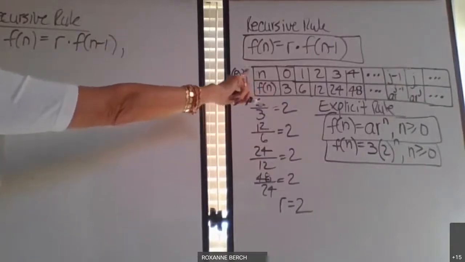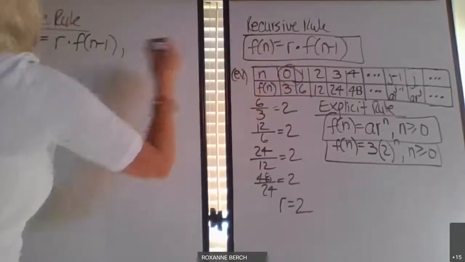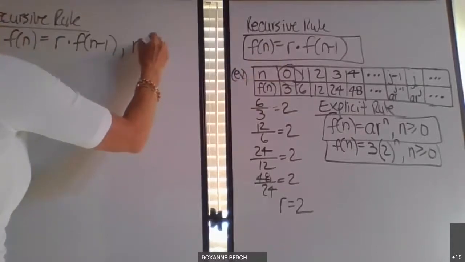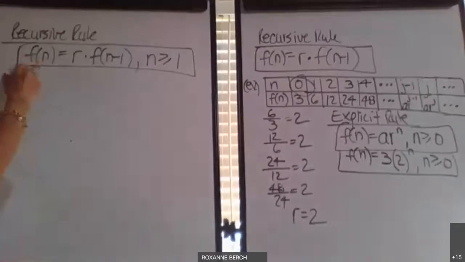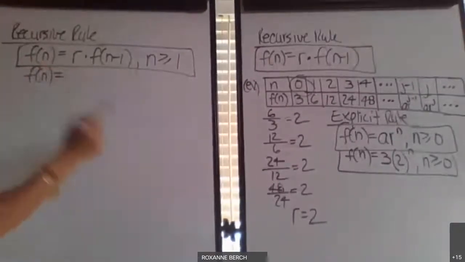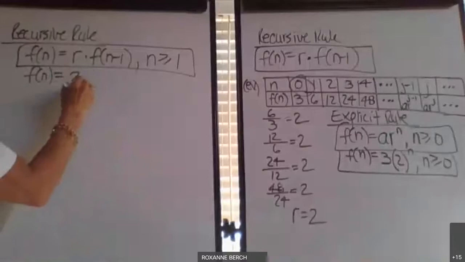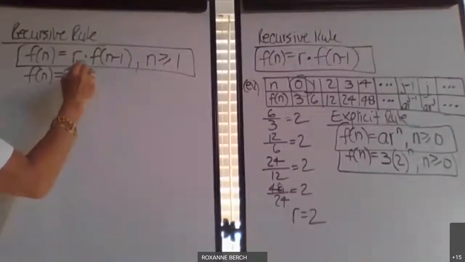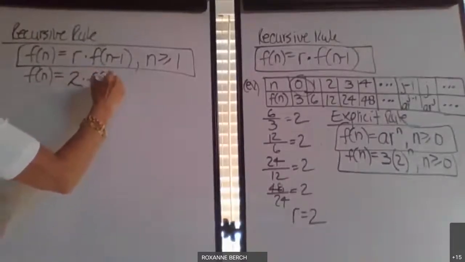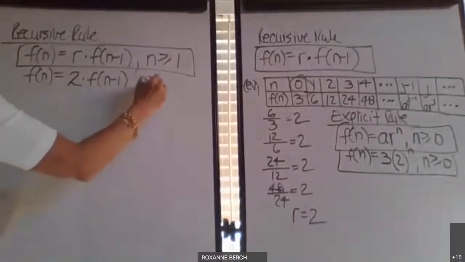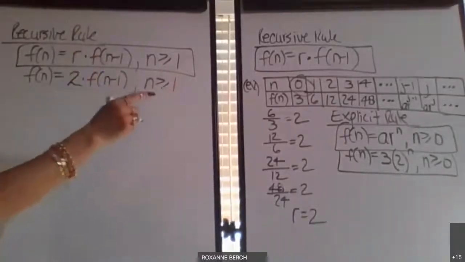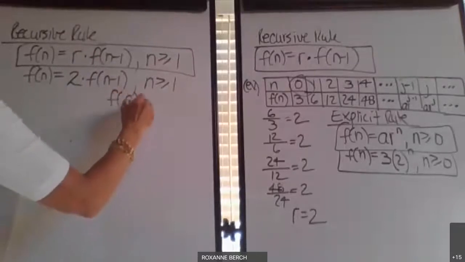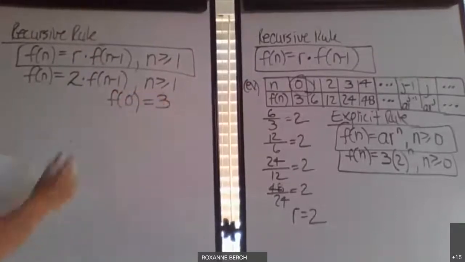So since our starting position was 0, our domain here is, so we have f of n is equal to the common ratio times, you can put a dot there or not, where n is greater than or equal to 1. And I'm also going to put f of 0 is 3.